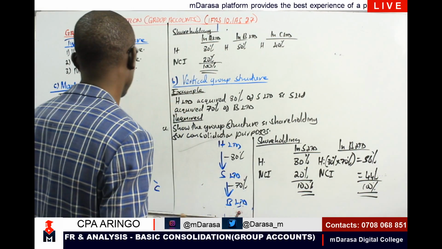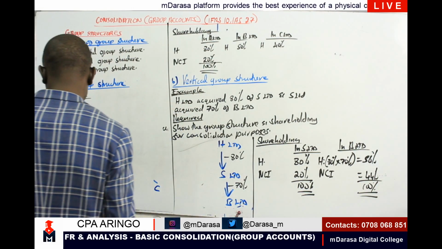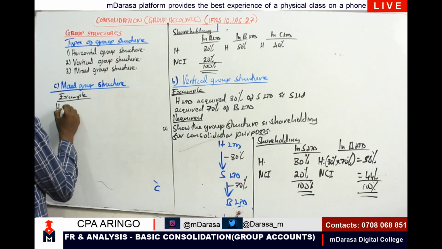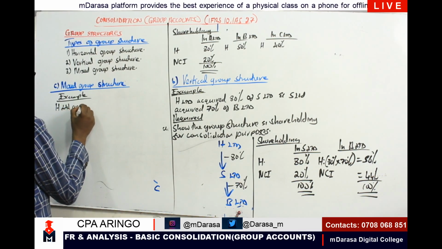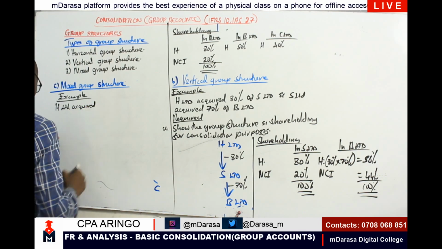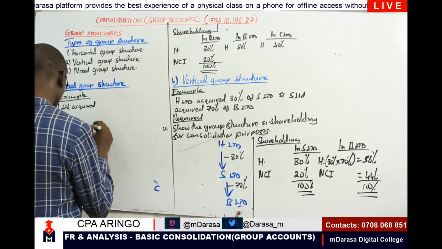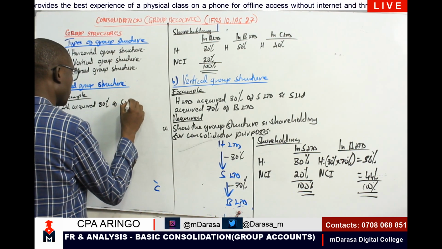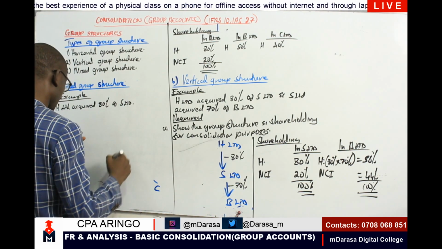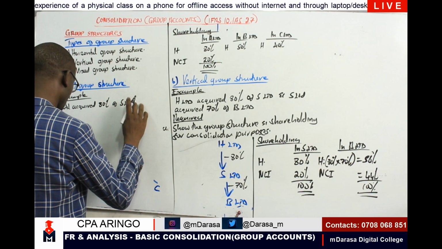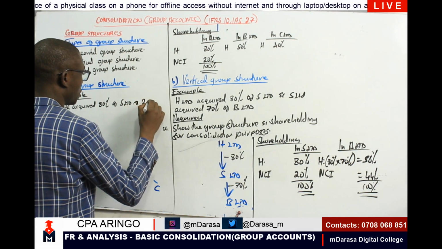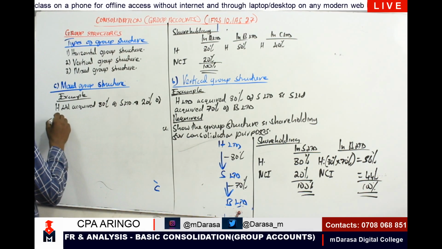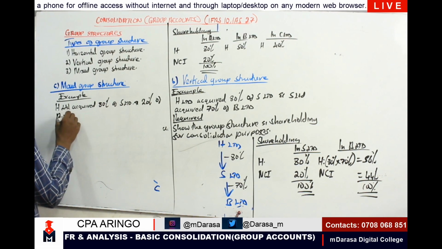So looking at this context, my good students, take for example this example. H Limited acquired 80% of S Limited and 20% of A Limited.